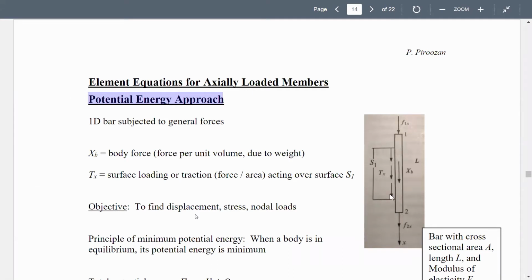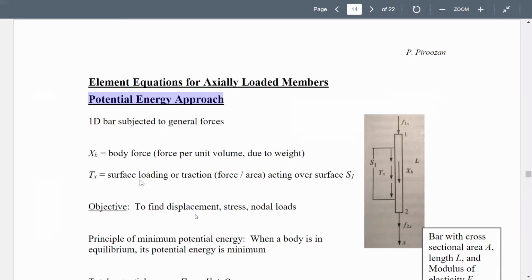And another type of force, traction, T sub x here, is a surface force. This is force per unit surface area. So three types of forces: nodal forces, or concentrated forces; body force, force per unit volume; and traction, force per unit area. Three types of forces are involved here.